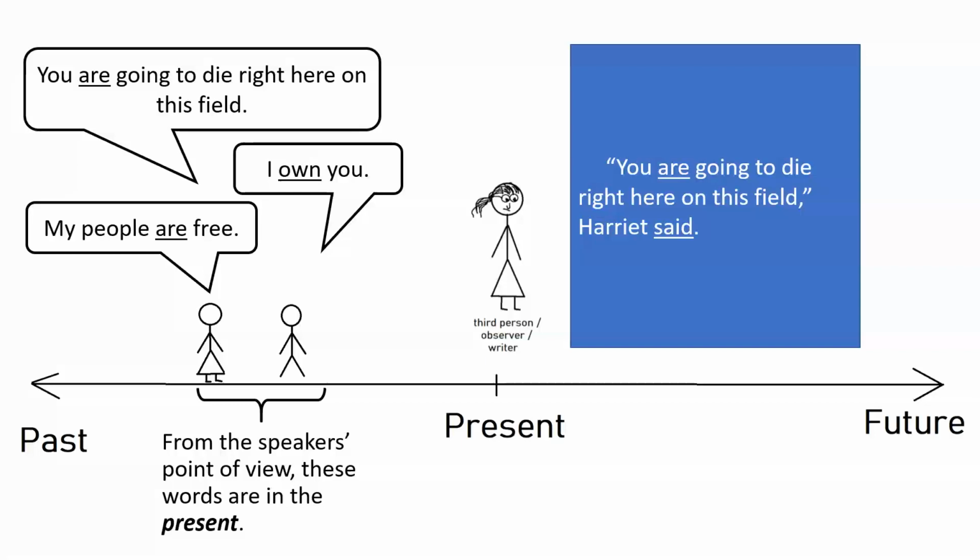From the storyteller's point of view, that's in the past. So here, if I use quotation marks, I just keep the exact same words. "You are going to die right here on this field," Harriet said. And then outside of the quotation marks, I change to my point of view, which is that it's in the past.